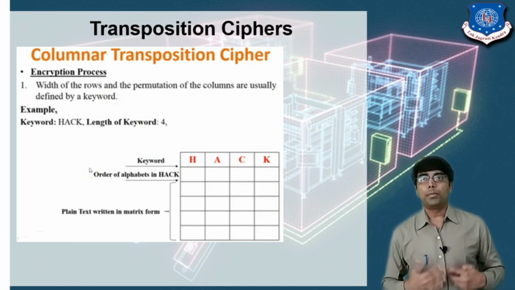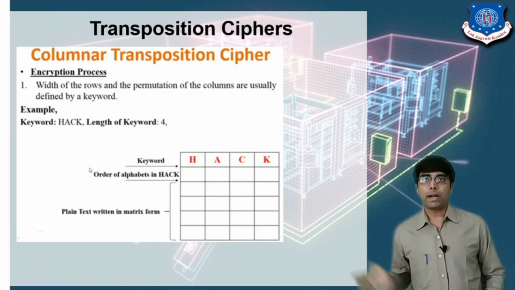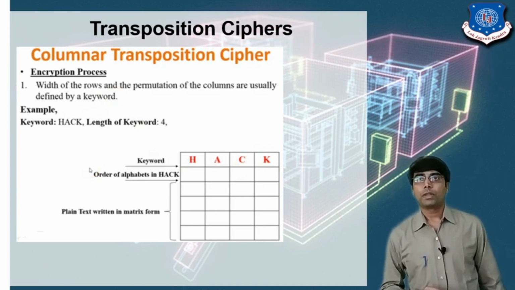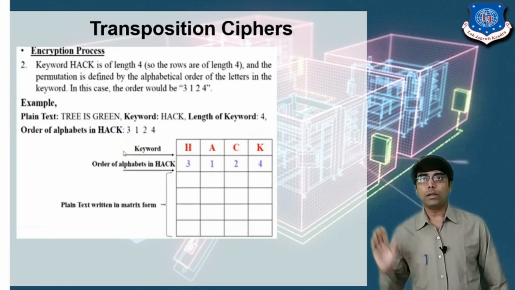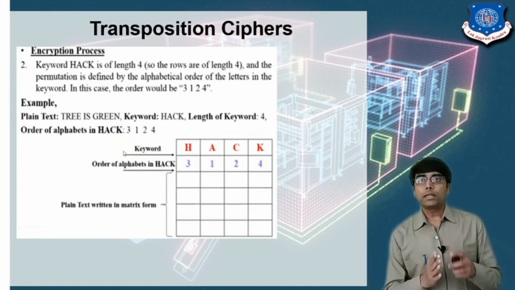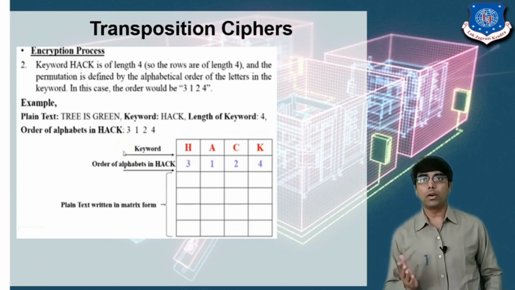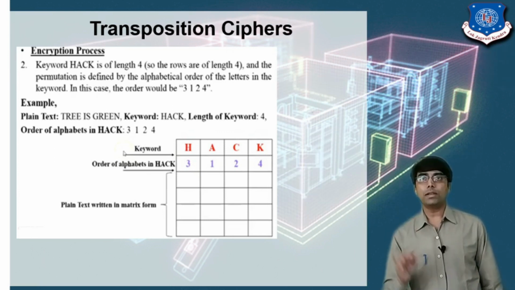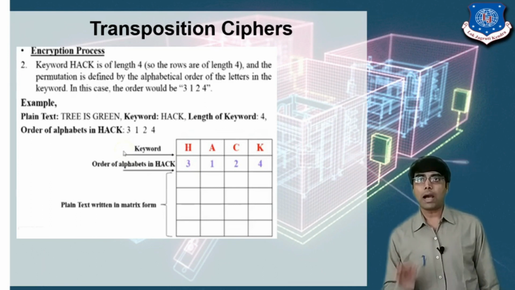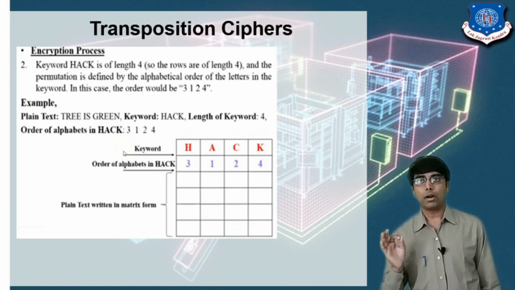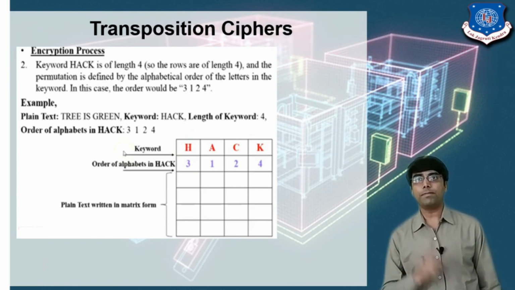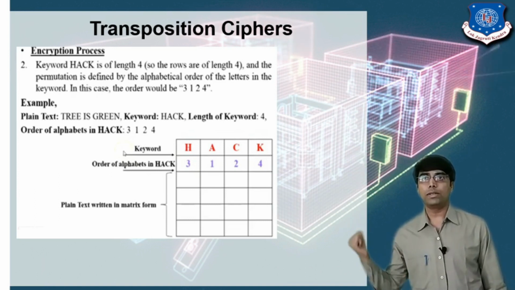Now the plain text is written in the matrix form. Here the order of the key is 3 1 2 4. Why 3 1 2 4? Because, as I already discussed, the order follows the alphabet. A is first, so its value is 1.